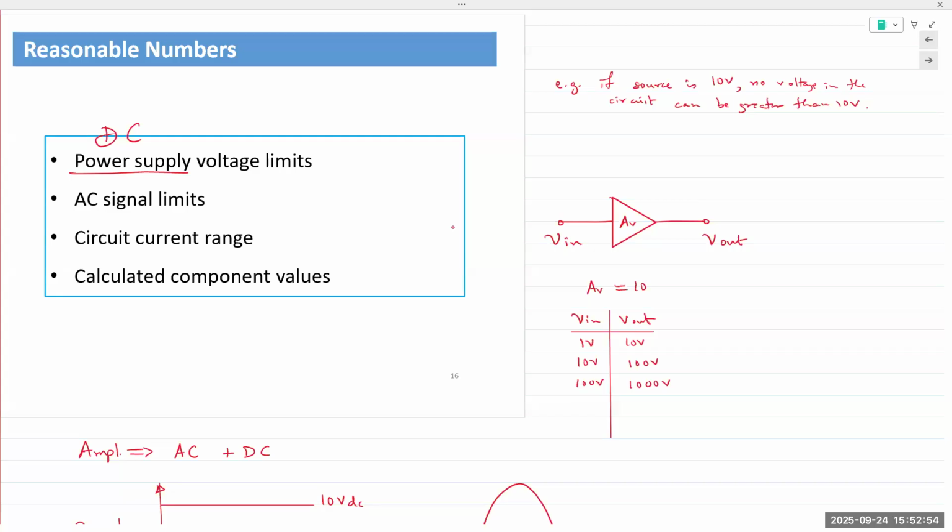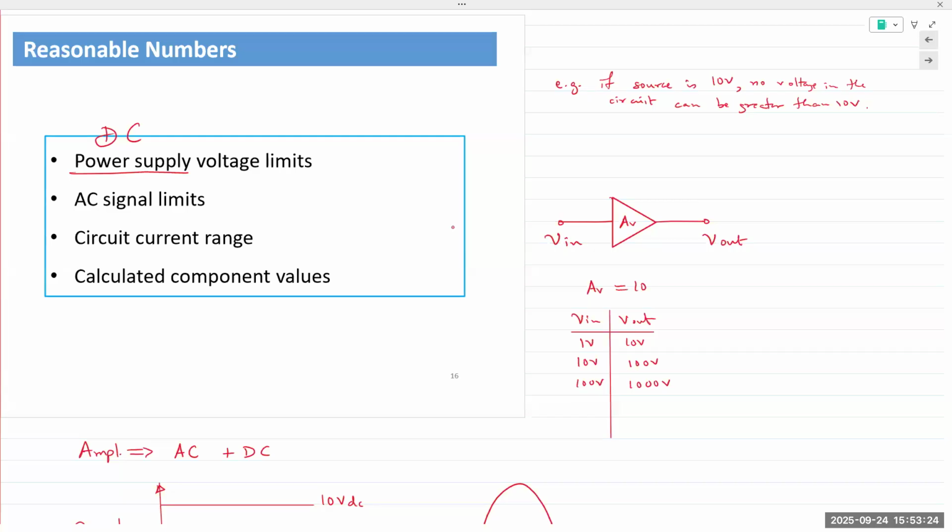Current range: if your current is coming out to be like 150 amps, or even 10 amps for a small system, that is also not realistic. If your circuit is operating in microamps and milliamps, then if you obtain amps as a result, that's also not reasonable. Calculated component values could be in kilo ohms, microfarads, millihenries.